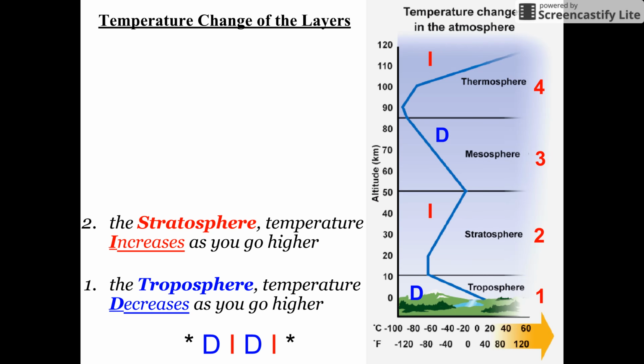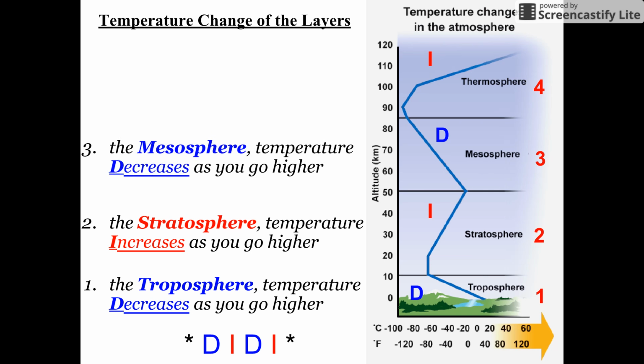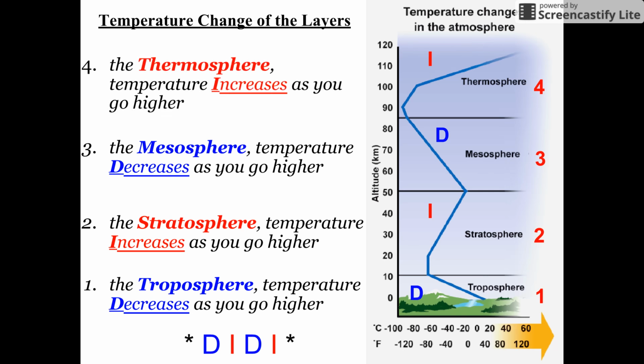In the stratosphere, the temperatures actually increase as you go higher. This is because of the ozone, and the ozone absorbing heat from the sun. The third layer, the mesosphere, the temperature decreases as you go higher because now you are getting further away from the heat source, which is the ozone. And then finally, the thermosphere, the fourth layer.